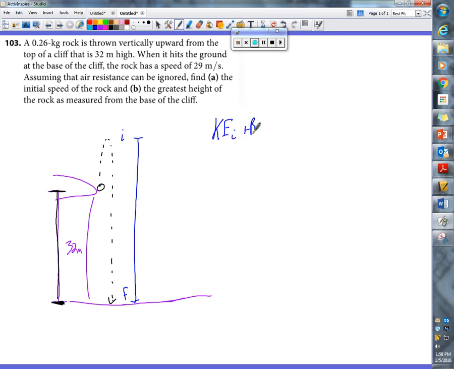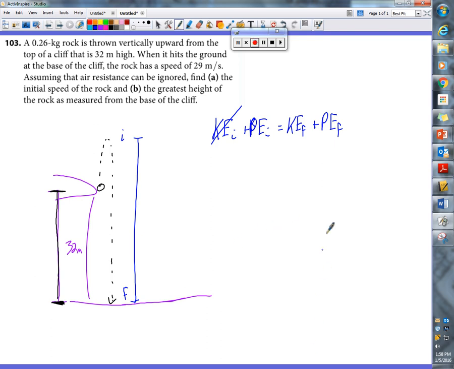KE initial plus PE initial is equal to KE final plus PE final. So again, this is our initial, this is our final. At the very top of its path, it's not moving. It stops for an instant. So we can cancel out that term. We are all potential energy at the very top.